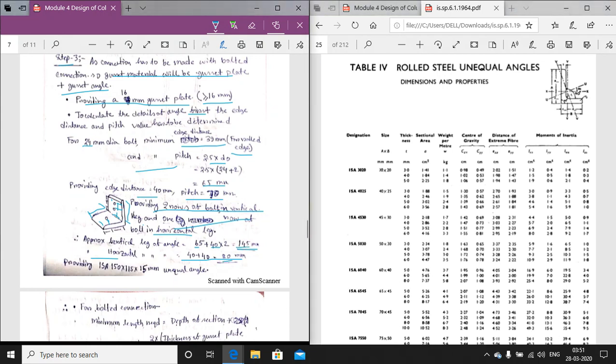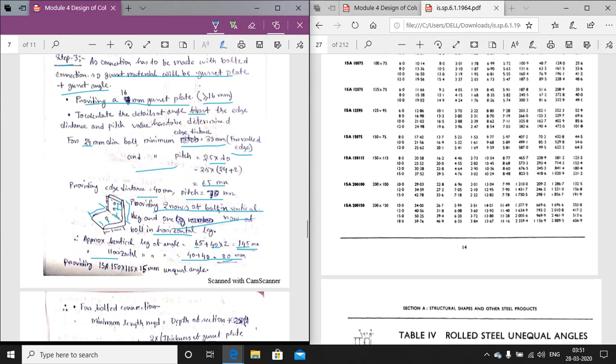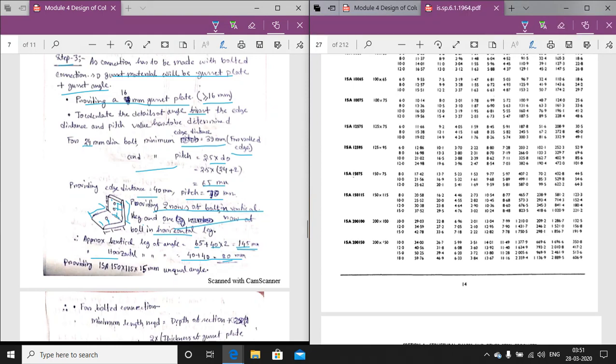For 145, it should be greater than or equal to 145, this is 150, so we can take that as 150. But another leg is 80, so we cannot take that, we have to take this value. So this is the size of the leg.